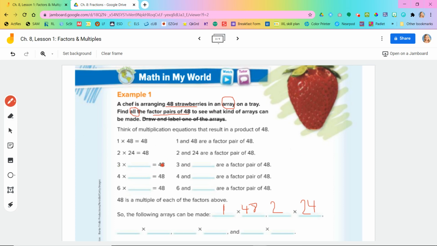So, to see if I need to include 3, I'm going to take my multiple right here, my product, 48, and add the digits together. 4 plus 8 is 12. Now, take that answer. Can 12 be divided evenly by 3? Yes, it can, 3 times 4. So that means 48 is going to be a multiple of 3.